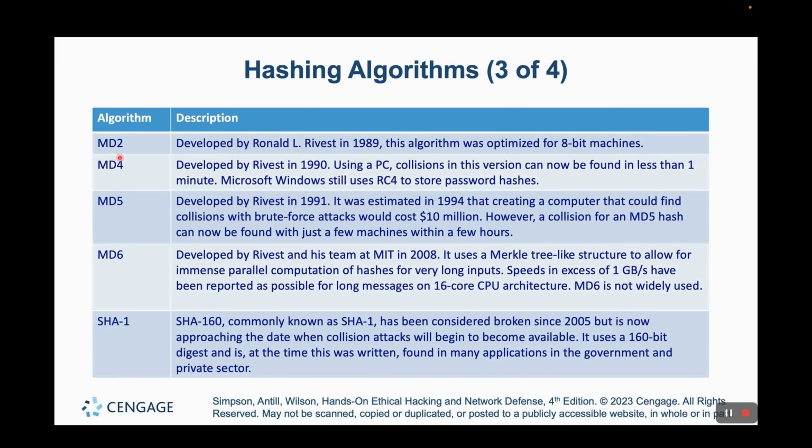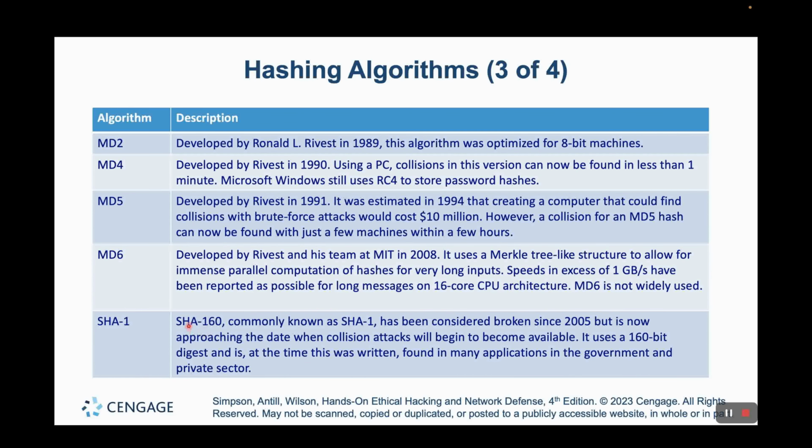Now, there are different types of algorithms here. MD2 is old, obsolete. MD4 should not be used. MD5 also should not be used, because a collision for an MD5 hash can be found with just a few machines within a few hours. MD6 was released back in 2008, and is still not widely used.